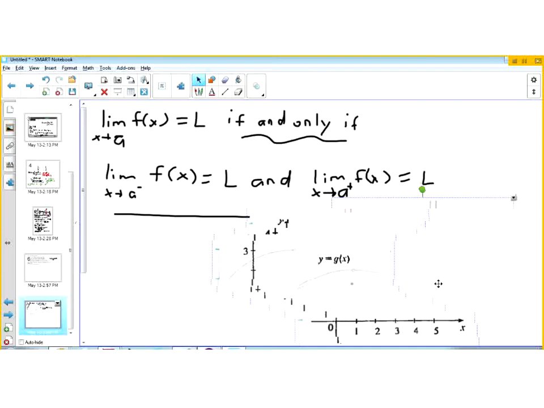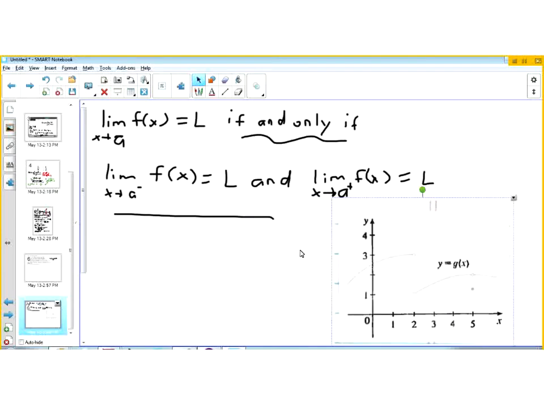So let's consider now y equals g of x. And I'm not giving you any numbers for g of x. It's just a functional relation. So let me accentuate it so you can see it better, because it may not show up very well on YouTube. So we have this arc right here. And then we have a hole right here. And then we have a hole right here. And then it goes like this.